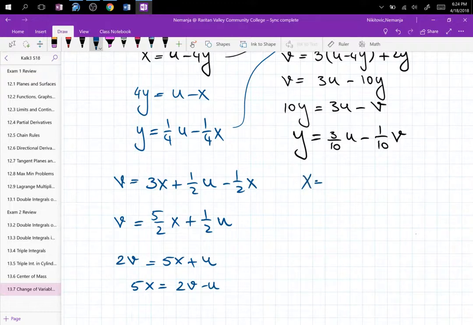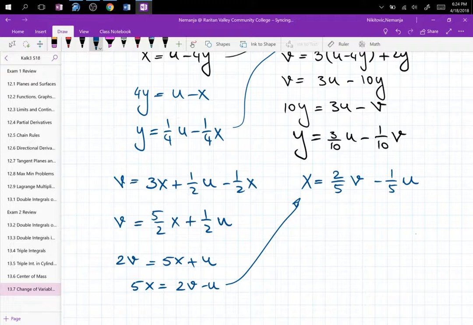And finally, the x equation from here is 2/5 v minus 1/5 u. There's the transformation, finally. So what used to be given to us straightforwardly, now we have to actually do some work to get. And that's problem 26.